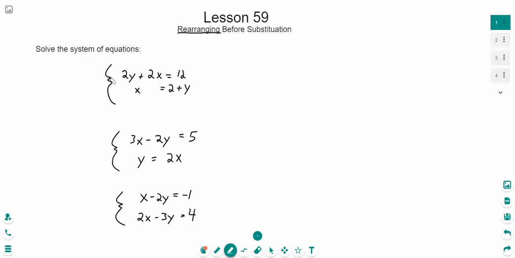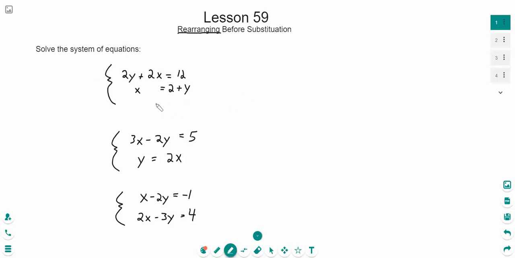And all that indicates is that whatever value is hiding behind this x, it's the same value that will be hiding behind this x. And whatever is hiding behind this y will be the same value behind this y. All right? So it just means that the x's are equal in these two equations. And we're trying to find the ordered pair that satisfies both of these equations. And that's just review. That's what we've already learned how to do.